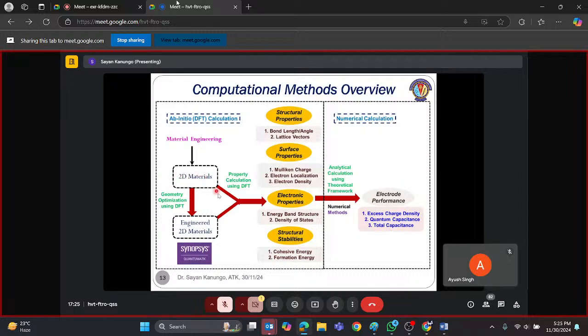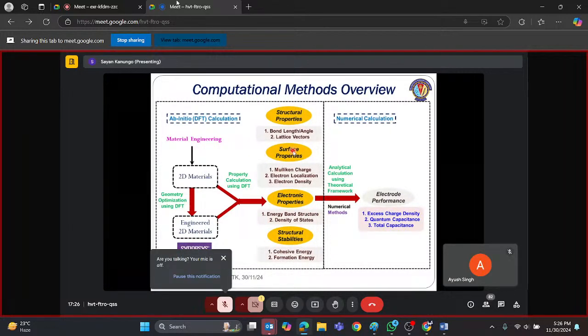After having this engineered 2D material, its relevant properties can be methodically investigated, which, once again I am repeating, include the structural properties, surface properties, electronic properties, as well as the stability aspect of this engineered 2D material.